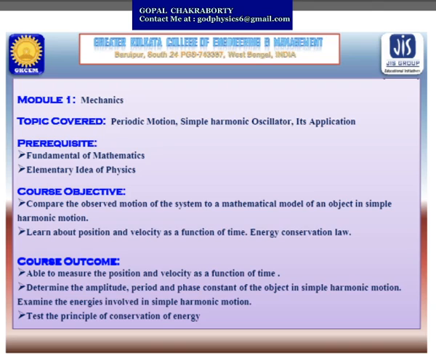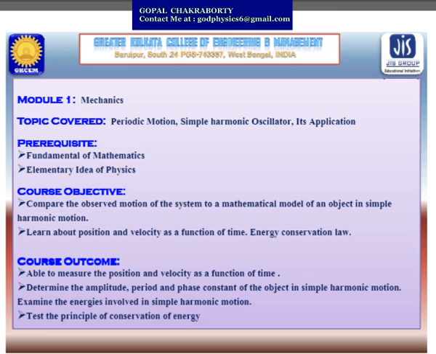The course objectives are: compare the observed motion of the system to a mathematical model of an object in simple harmonic motion, and learn about position, velocity as a function of time and the energy conservation law for a particle executing simple harmonic motion.